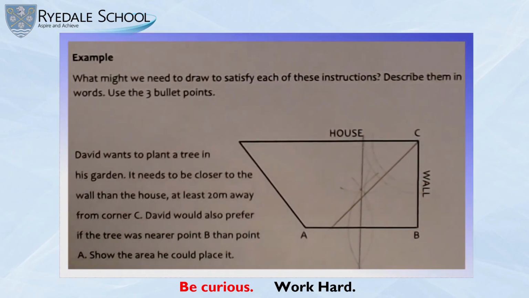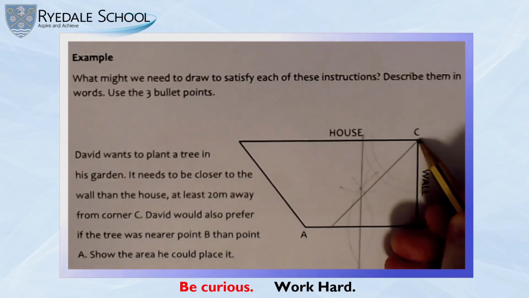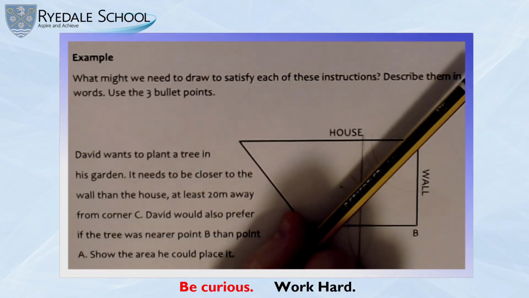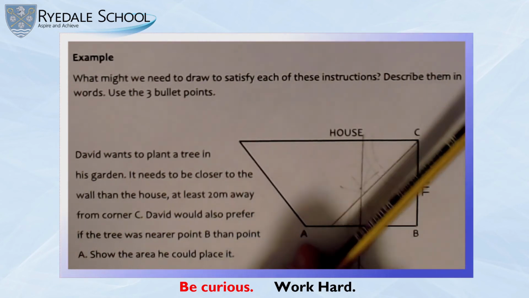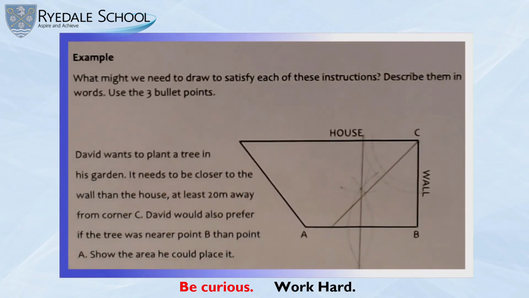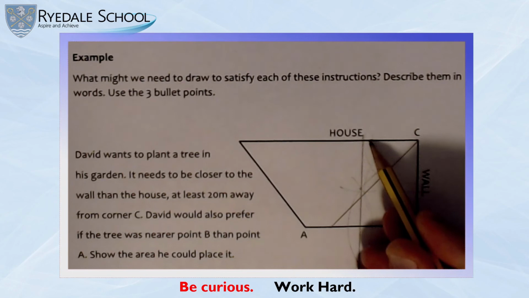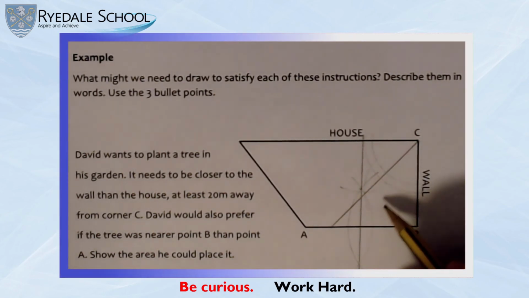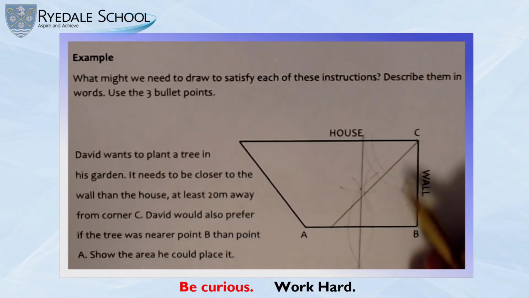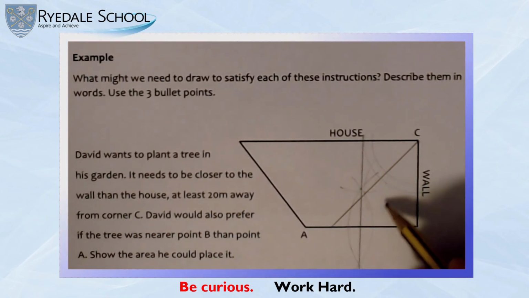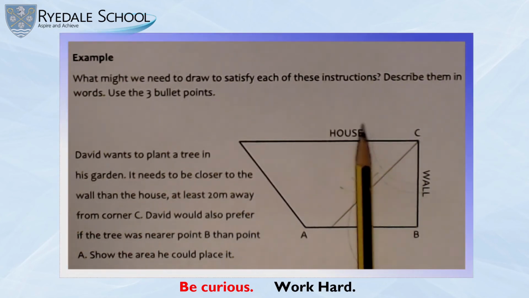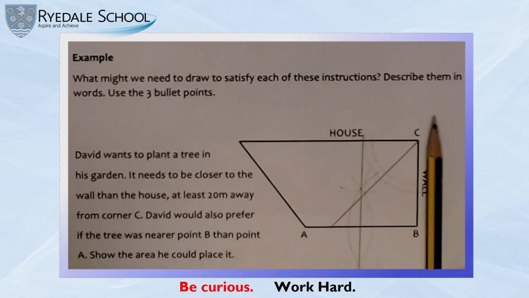So where could the tree be? Well, this was our first one, and it had to be closer to the wall, so that side of the line. Okay, remember this inner curve was our second one, and it needed to be further away than that corner, so beyond that curve. And it also needed to be nearer to B, so this side of the line.